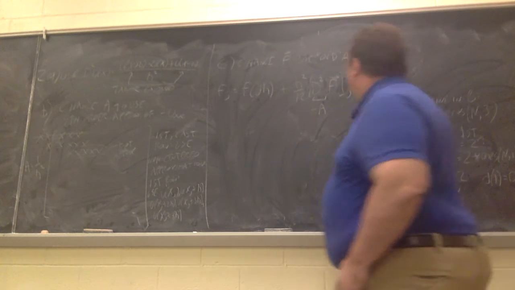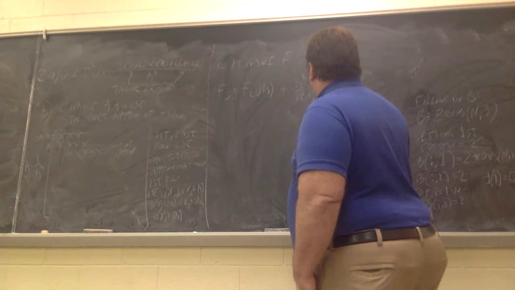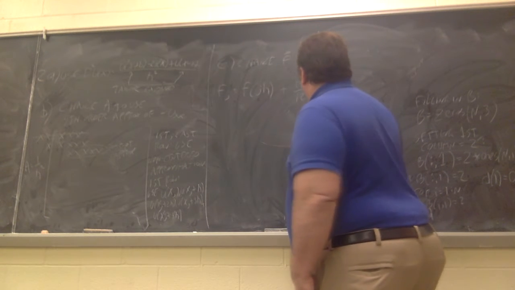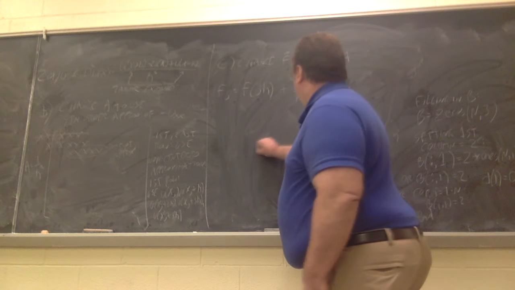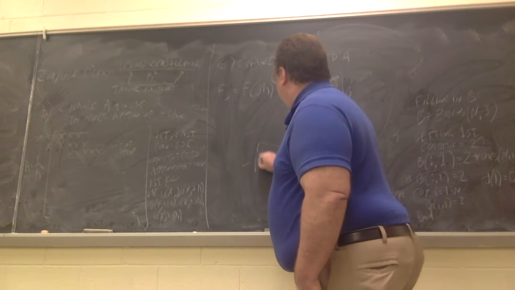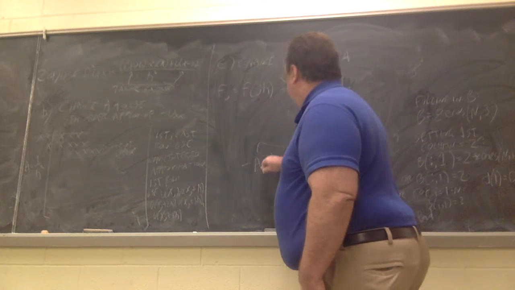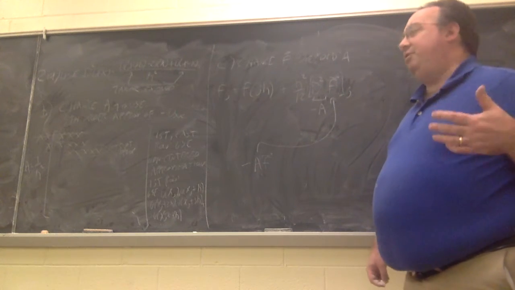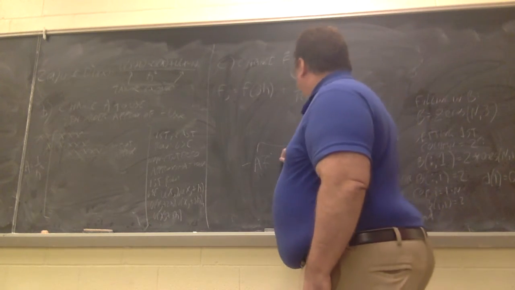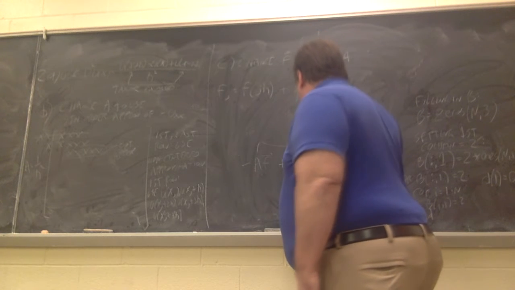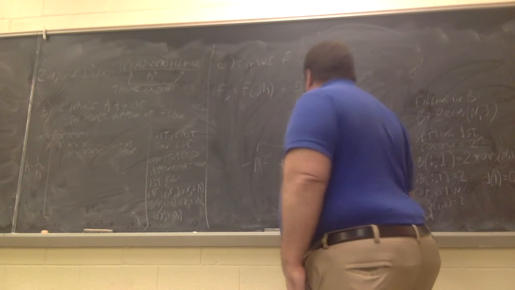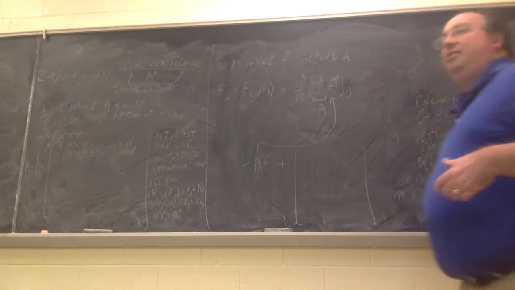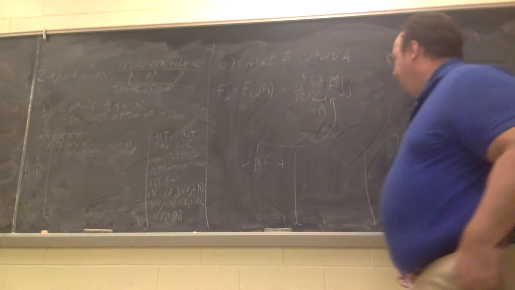So really what you're going to have is, what goes in here is really going to be minus A f. So that takes care of everything except the boundary points. So now you have to add something onto that, but only for the first and last elements. So nothing else is going to change.